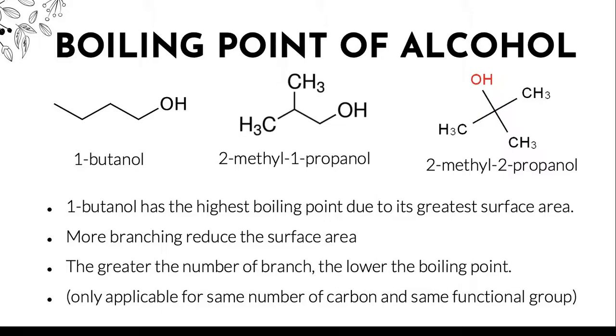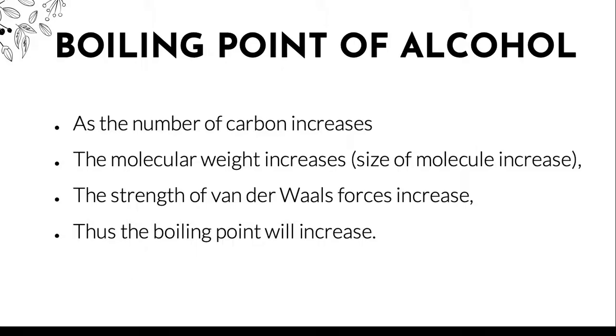It means if you have three alcohol compounds with the same number of carbon, then you can use the reasoning for branches. If they are different alcohol compounds with different numbers of carbon, you have to use the previous reasoning.